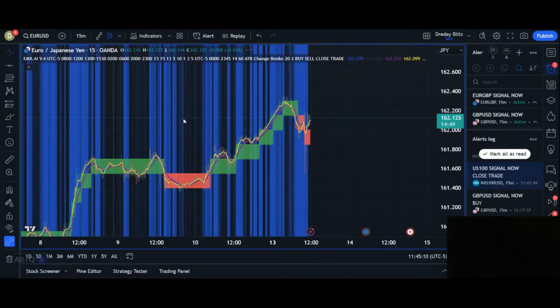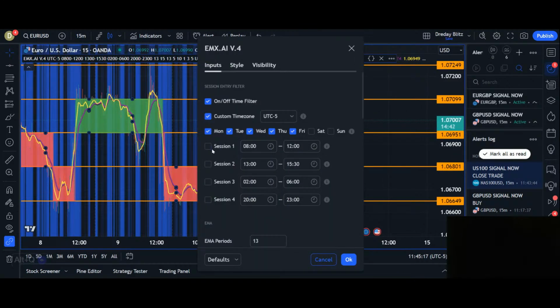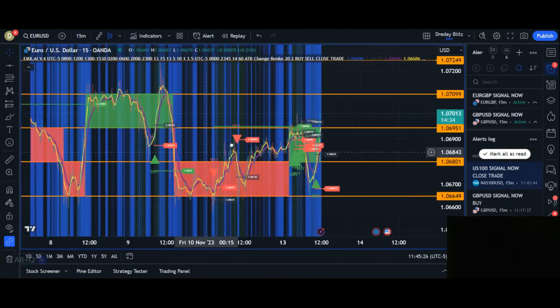So Euro USD, bam. Okay, and then we're going to reopen the settings the way it was. So we had those 2 open. Boom. There we go.